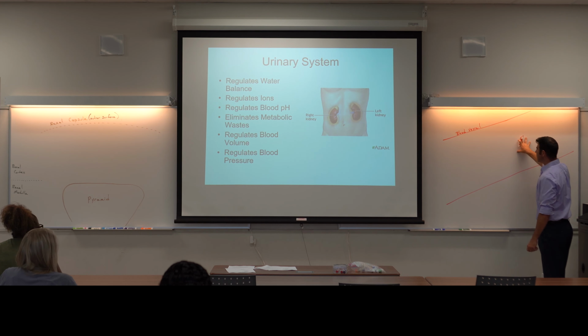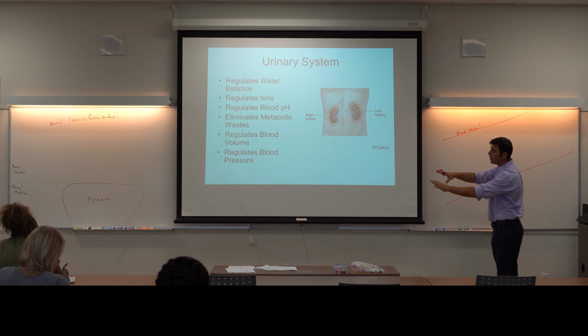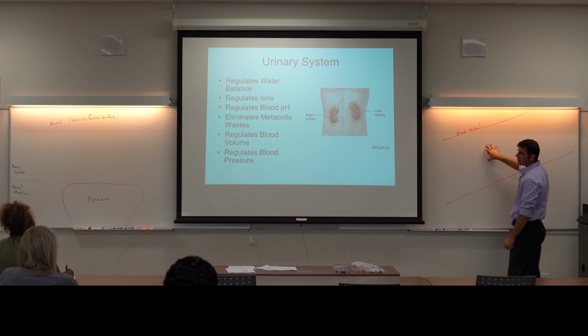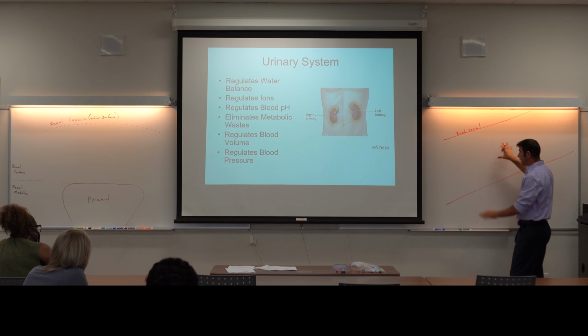If we're thinking about things that are in the bloodstream, we're about to trace these blood vessels as they move through the kidneys, and we're going to see how some of those tiny capillaries inside the kidney are going to get filtered. Some ions are going to get removed, and other things are going to need to stay in the bloodstream.